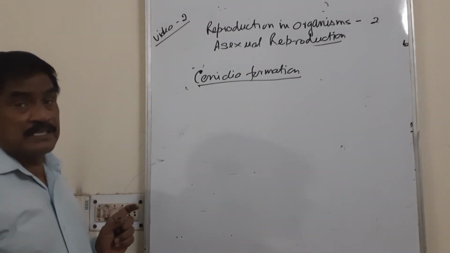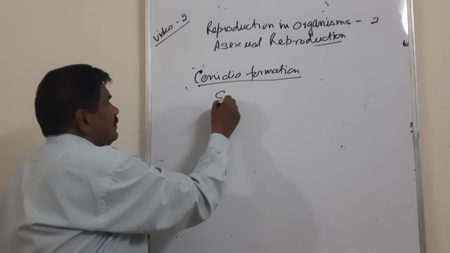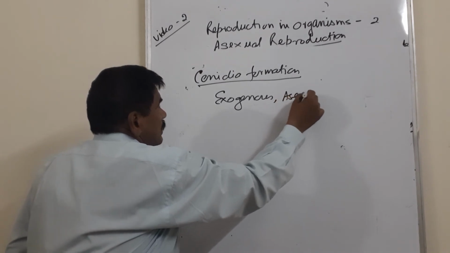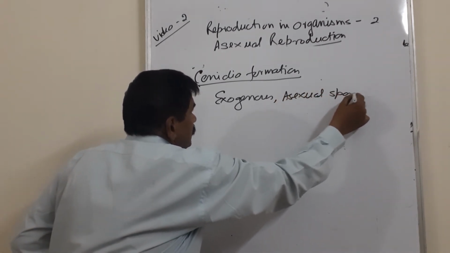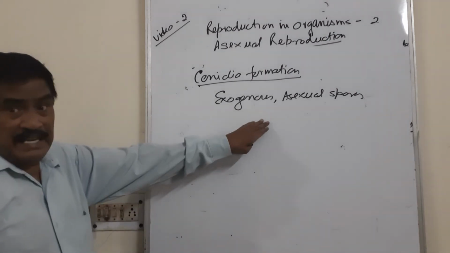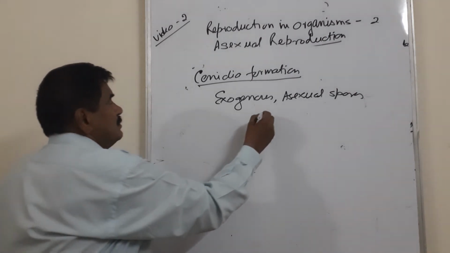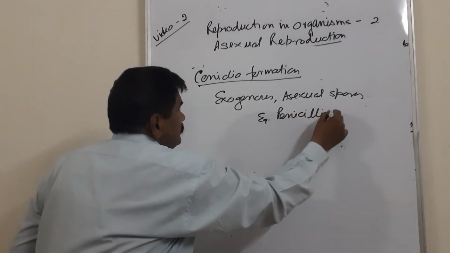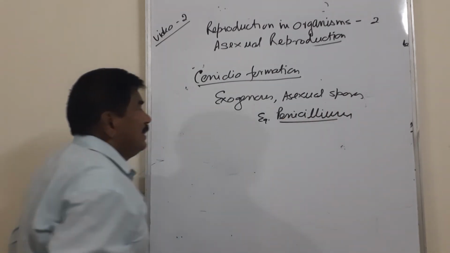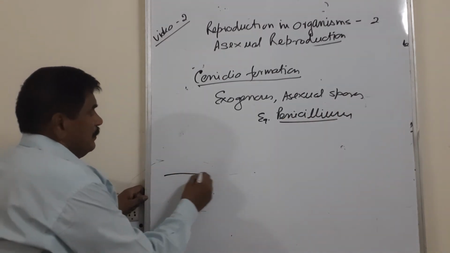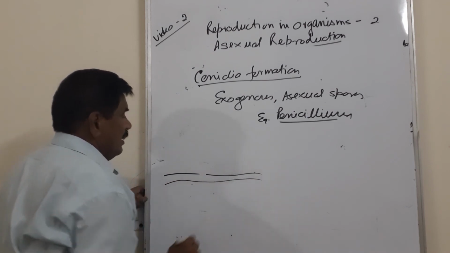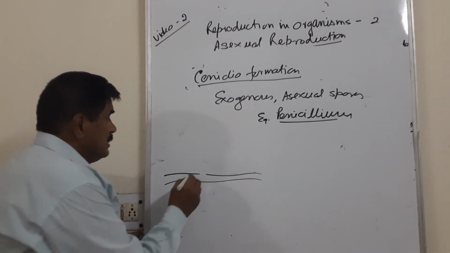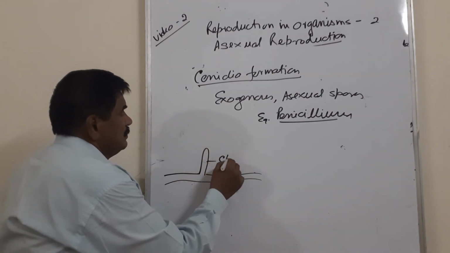Conidia are exogenous asexual spores, found in some fungi like Penicillium. Example goes to Penicillium. Now in Penicillium, say it is the main hypha, and when this hypha has to form the conidia, it forms a special branch that is called what?